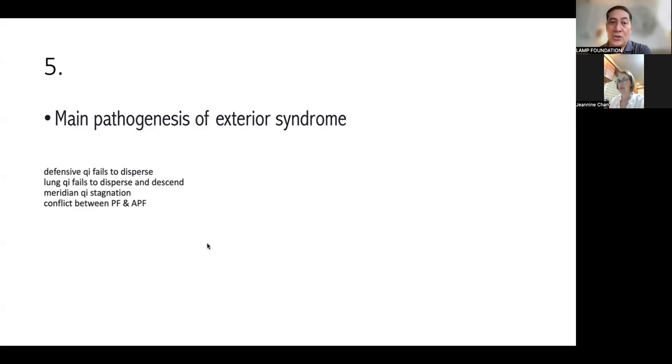If the defensive chi is too weak, it cannot disperse the pathogen. It cannot really get rid of the pathogen. So there is now a conflict between the PF or the pathogenic factor and the APF or the antipathogenic factor. This is like the immune system, no?